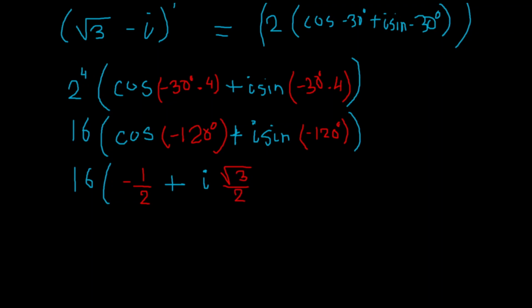I just know this because I know the unit circle. Sine and cosine of negative 120 is the same as sine or cosine of 240. Now we just distribute.